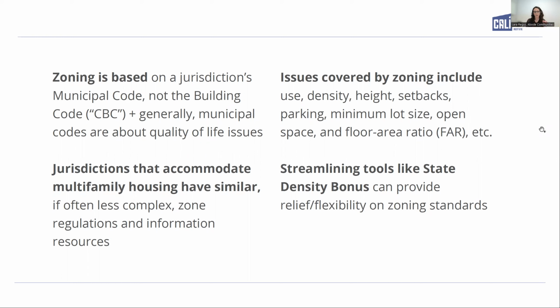And then the code will go into great detail around what each of those designations means. So you can look up what an R2 zone means, like a residential-2 zone, or a commercial-1, depending on how complicated the jurisdiction's zoning code is. There's a legend to understand it. And this tells you generally what is expected for development in that neighborhood, on that typical property, with that kind of zoning.